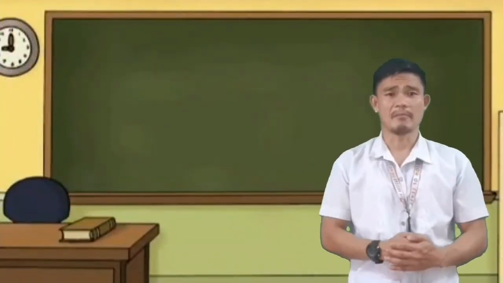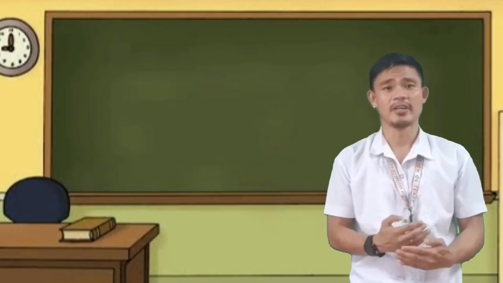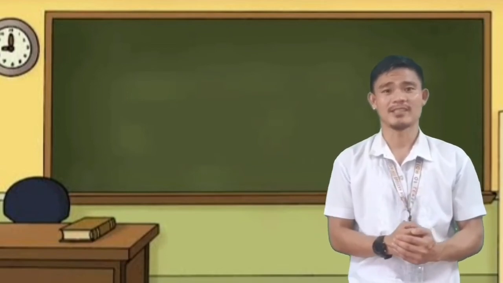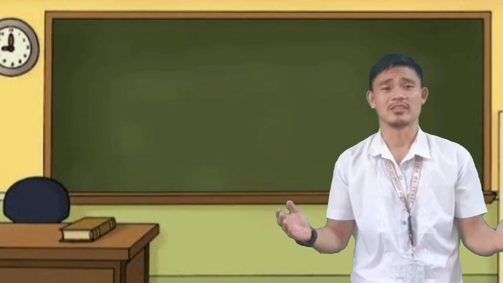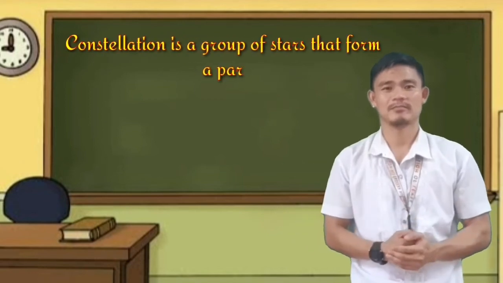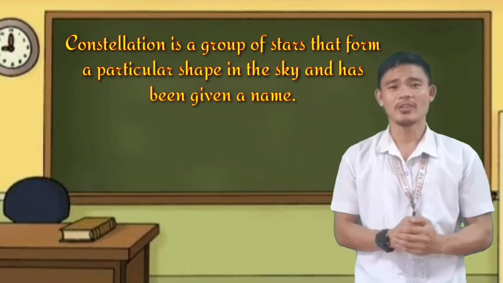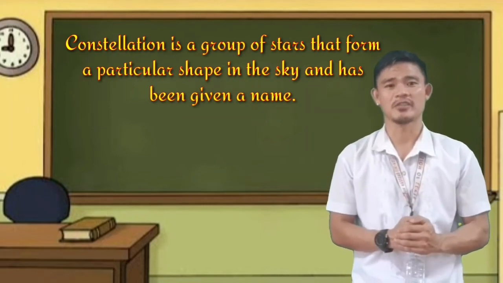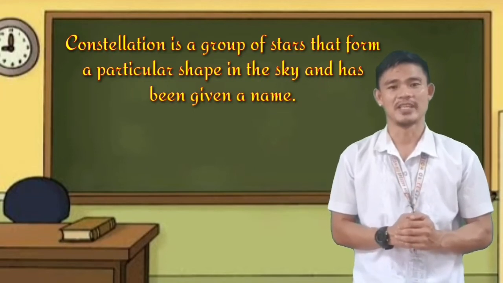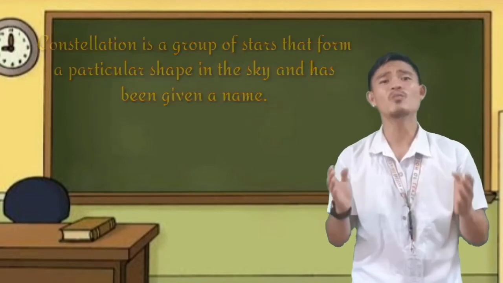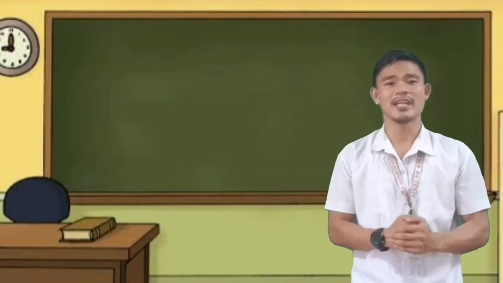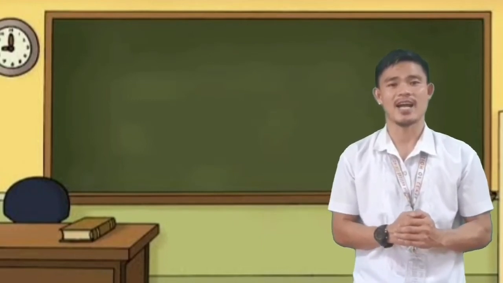Now let's have a recap on what had transpired in our discussion today. What is constellation? Very good. Constellation is a group of stars that form a particular shape in the sky and has been given a name. Now, how many zodiac constellations are there in the sky?